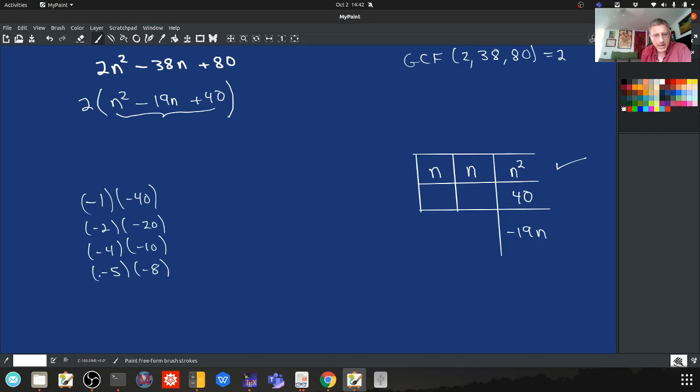Let's start with that list and see what we get. Well, if I try minus 1 and minus 40, when I bring these down, I'm going to get minus n minus 40n, and that's going to be minus 41n, so that's not going to work.